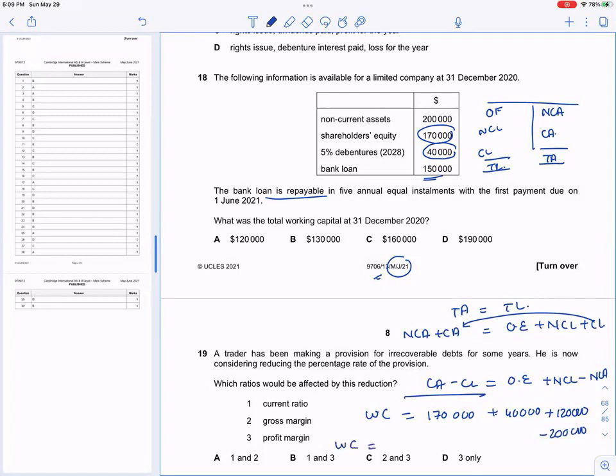Yeah. So working capital is 170,000 plus 40,000 plus 120,000 minus 200,000. So 130,000 is your working capital. Okay.